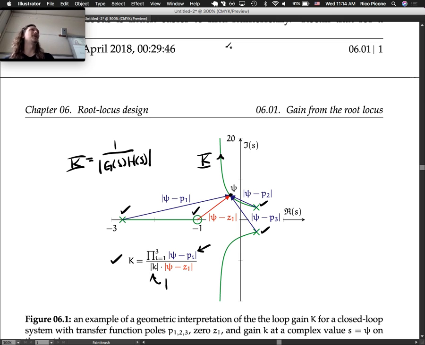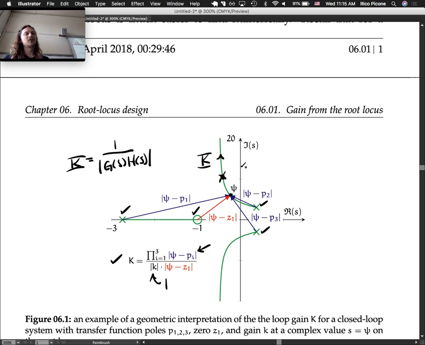If you're given a pole-zero plot and a test point that matched some design criterion like a certain rise time or percent overshoot, where you wanted your closed loop poles to be, then you could draw vectors from all your open loop poles and zeros to that point, find the lengths of those vectors, and then figure out what gain would be required to make it happen.